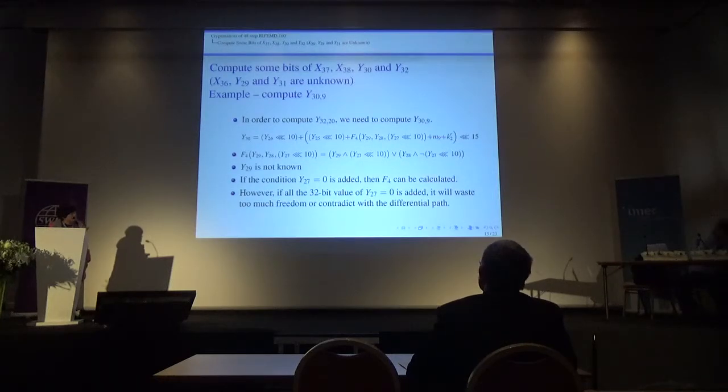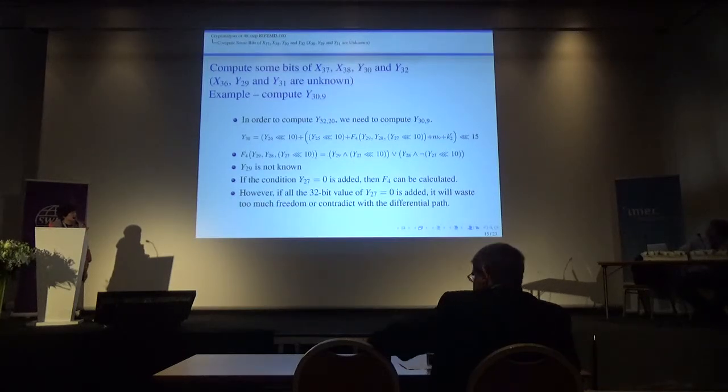It is obvious that if we add the condition Y27 equals 0, then we can compute the output of f4. However, if all the 32 bits of Y27 equal to 0 are added, it will waste too much freedom.